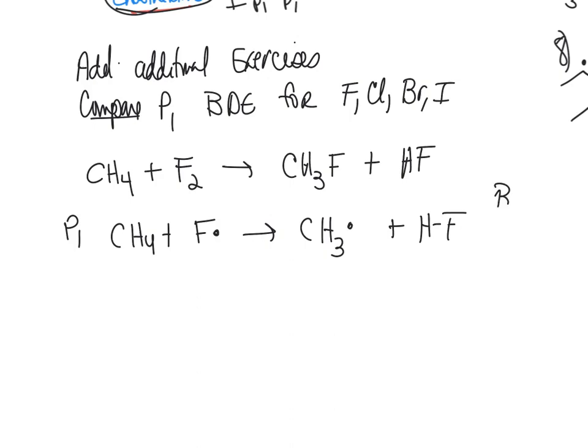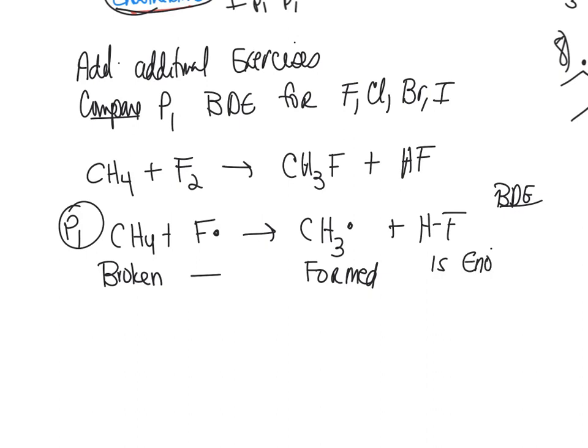And you only have to do the delta H here. So you're doing the bonds broken minus bonds formed. You look at a primary, look at page 203, and you're going to do that for just the P1 here. And the question is, is this step endothermic or exothermic?